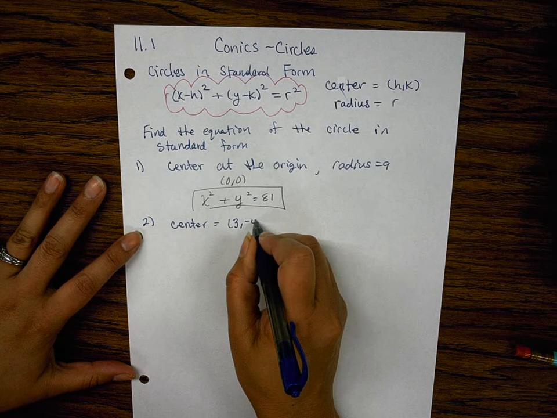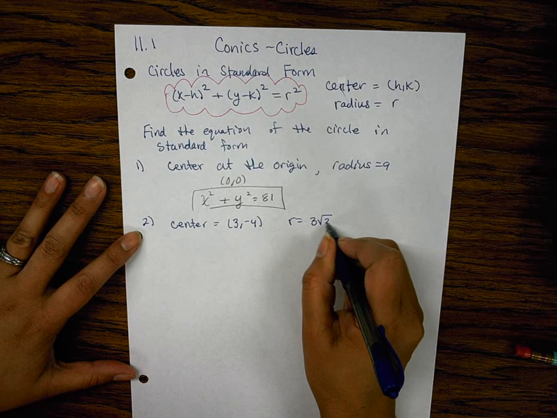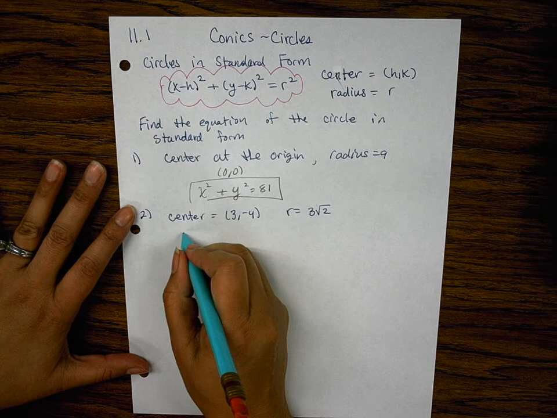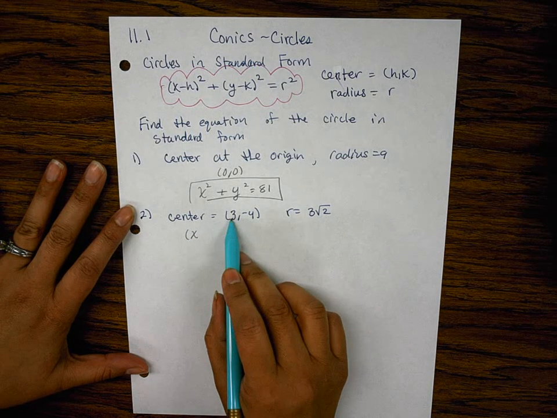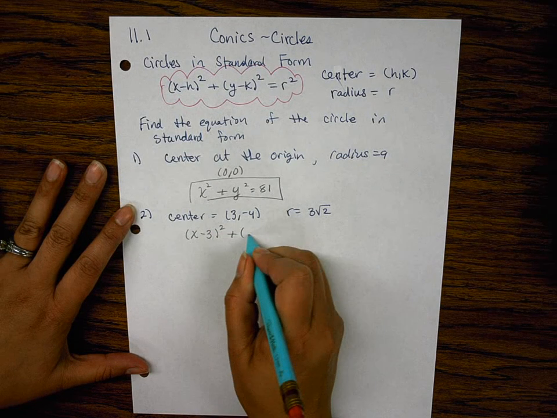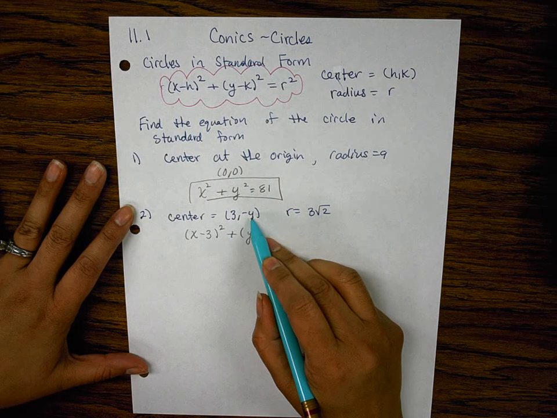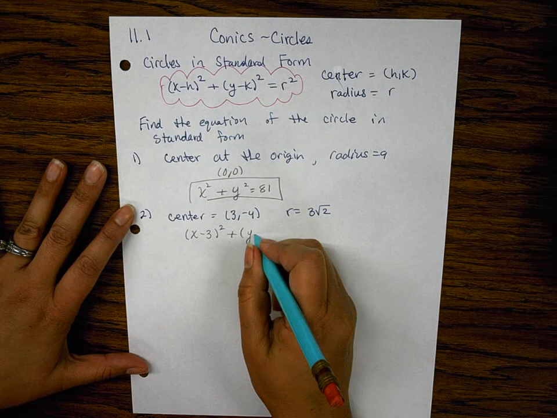Number 2, center is (3, negative 4), and the radius is 3 root 2. Okay. X minus h, or minus 3, squared, plus y minus negative 4.